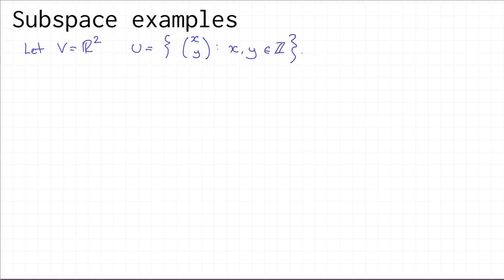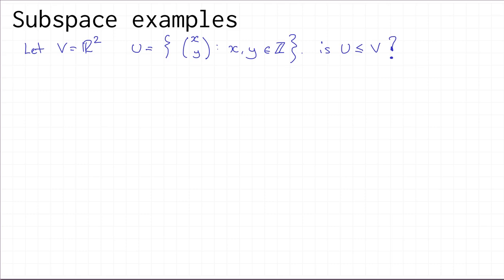So the question I have for you is: is this thing U a subspace of V? Maybe pause the video and think about it. Okay, it's certainly a subset, but is it a subspace? So does it contain the zero vector? Is it closed under addition? Is it closed under scalar multiplication?